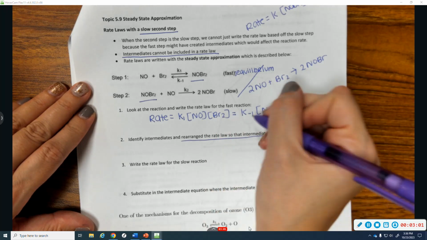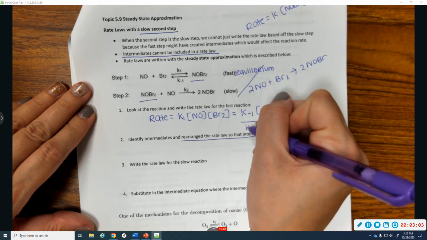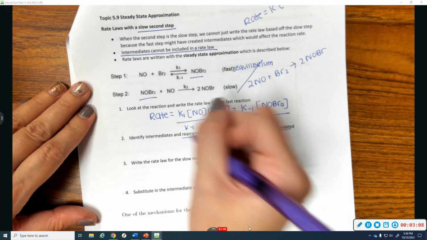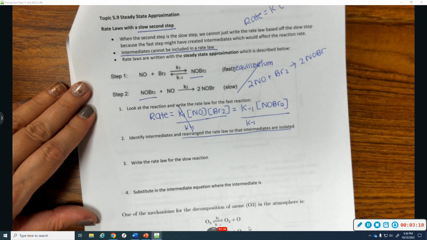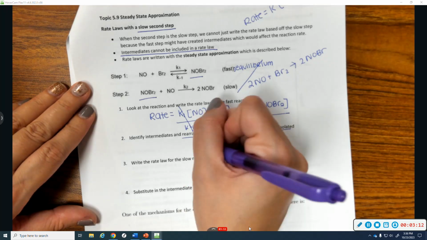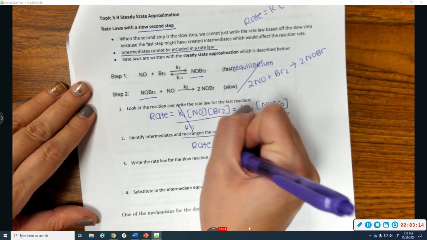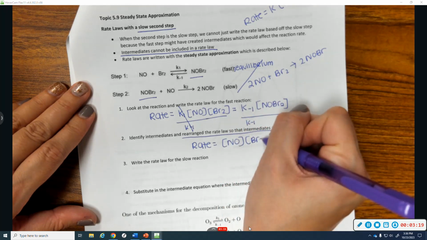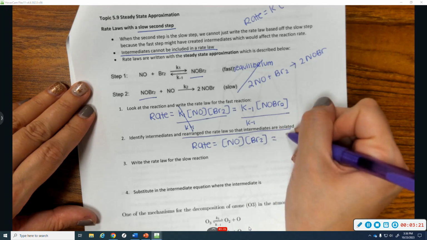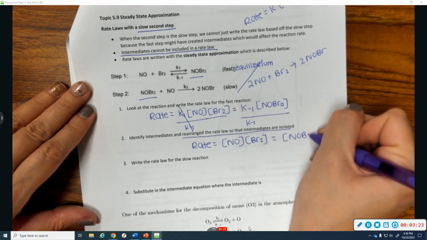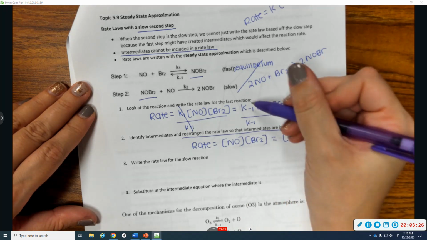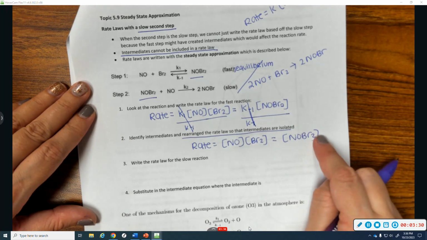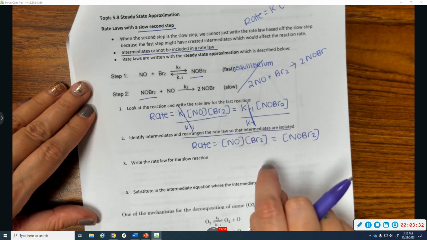To isolate NO(Br2), I would divide both sides by k-1. Now, the k's cancel, and we're left with k1 over k-1 times NO times Br2 equals NO(Br2). So I have what my intermediate equals now.